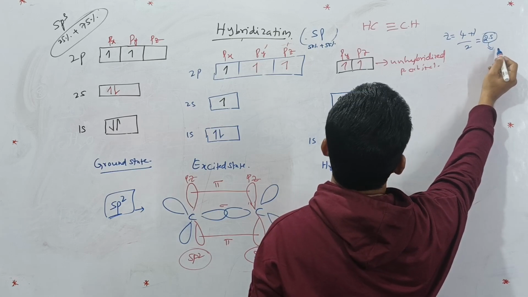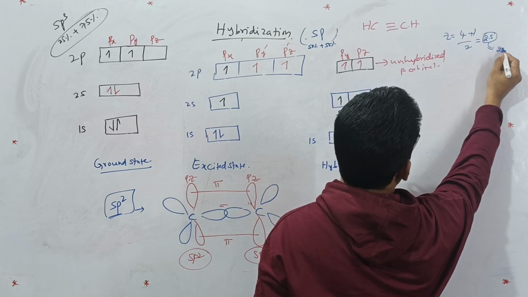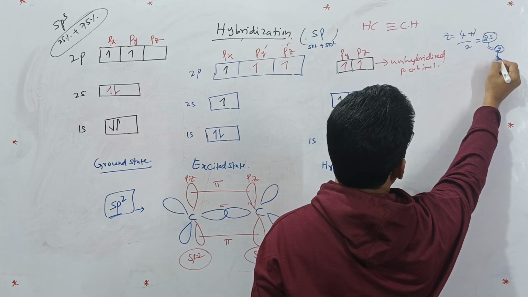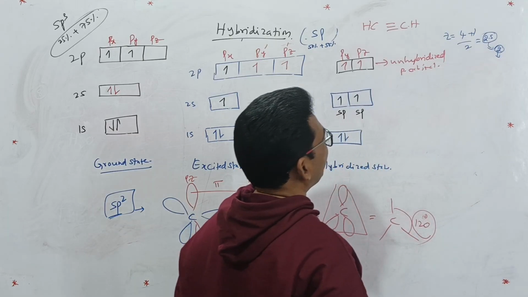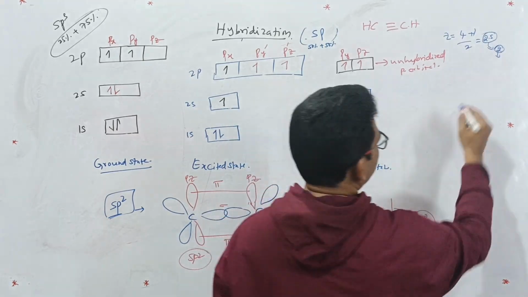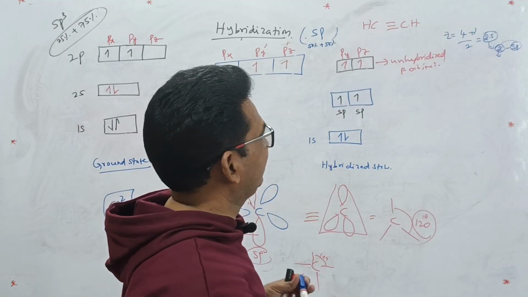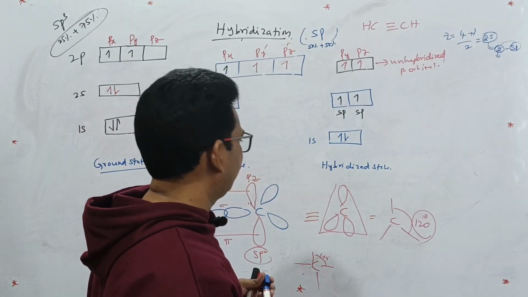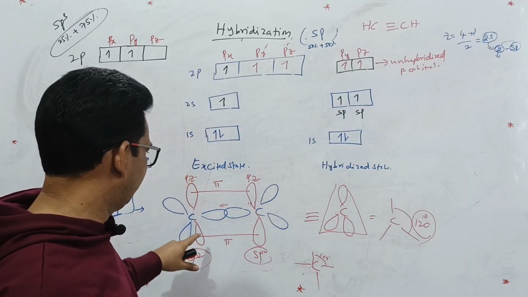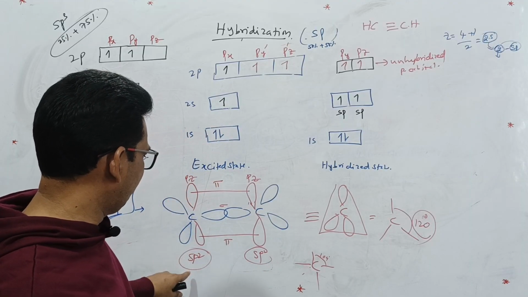What hybridization? 2 equivalent orbitals. 2 equivalent orbitals means it is sp hybridization.